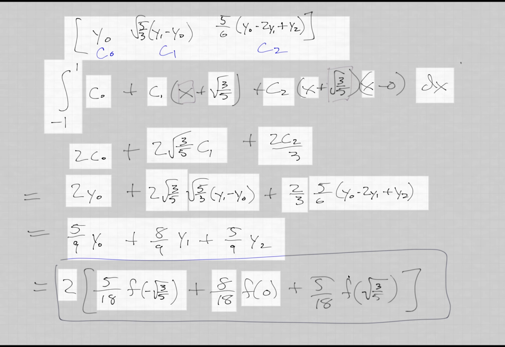And then y2 was f at the third test point, radical 3/5, and we're weighting that 5/18. So we can see that the integral is equal to the length of the interval, 2, times this weighted average of those three different y values, right? Notice that the weights, 5/18, 8/18, and 5/18, add up to 1 as proper weights should do, right? If you're taking a weighted average of something, your weights should add up to 1.